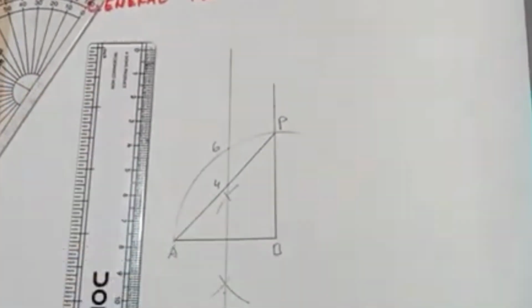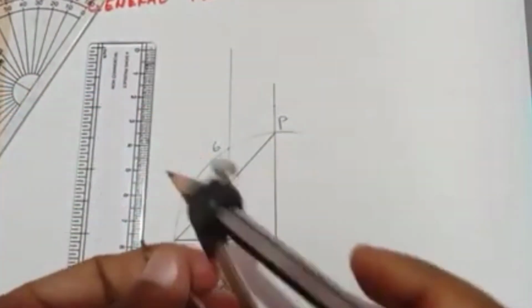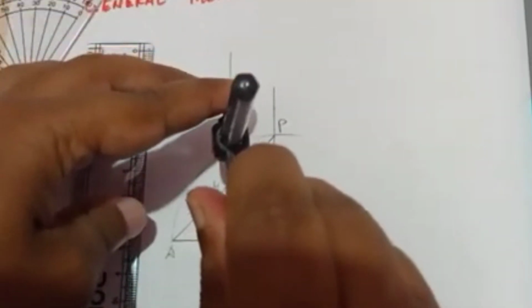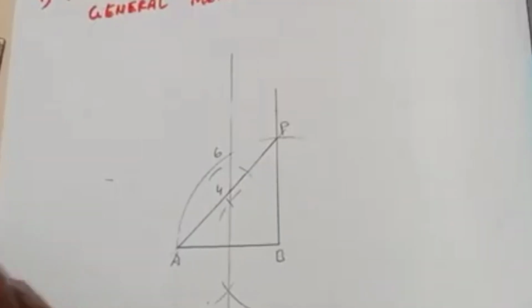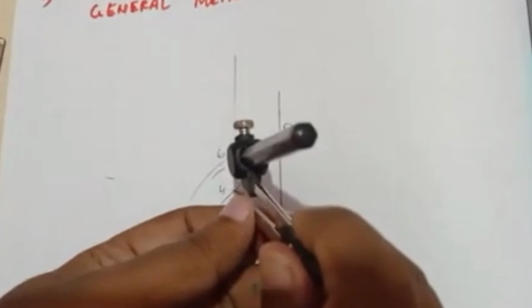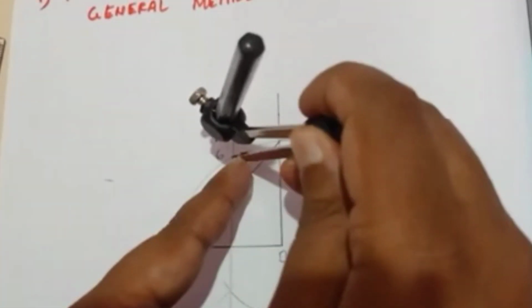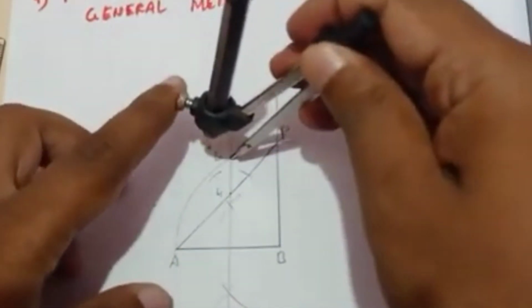Now we need to bisect this line. How to bisect it? To get the point number 5, just measure more than the half here, and cut the arcs. Now the same arc you need to cut from point number 6 to bisect this length.